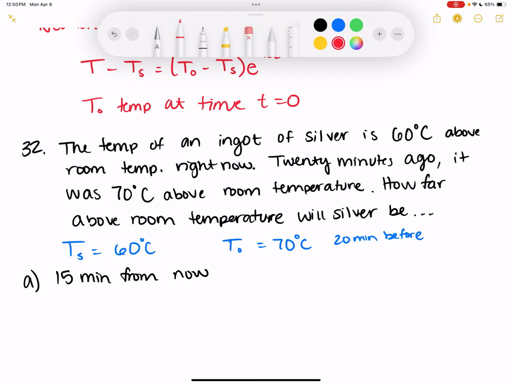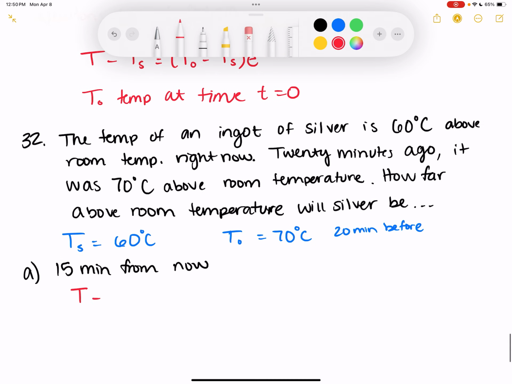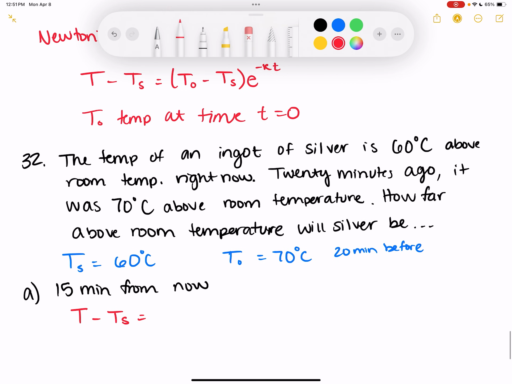So 15 minutes from now, I've got T minus T sub S is equal to T sub 0 minus T sub S times e to the minus KT, and I'll be plugging stuff in, but that's my initial formula.